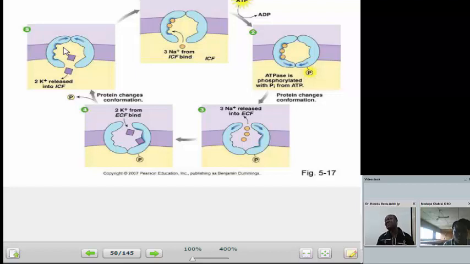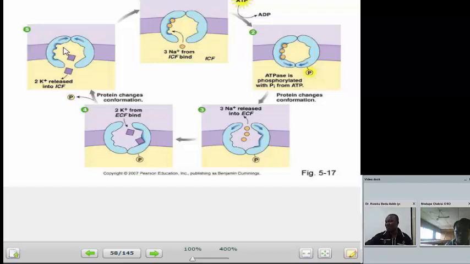Now, because sodium concentration in the cell is lower than outside the cell, moving sodium from within the cell to the extracellular fluid will be against its concentration gradient, against its chemical gradient, because you are moving sodium from a region of low sodium concentration to a region of high sodium concentration.